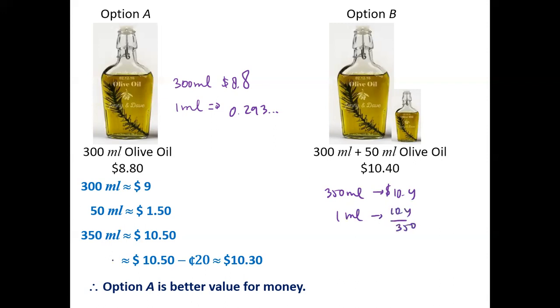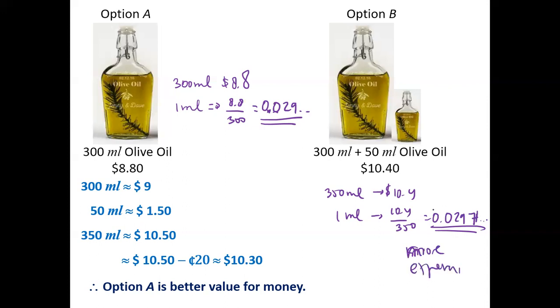Okay, I write the calculation here. 8.8 over 300, the answer will be 0.029. And then 10.4 divided by 350, wait, give me a while. 0.0297, right? So this is more expensive. So the better value for money is option A, of course, right?